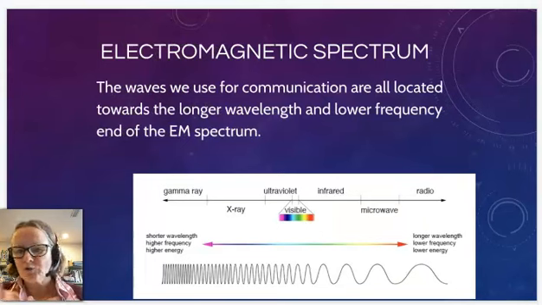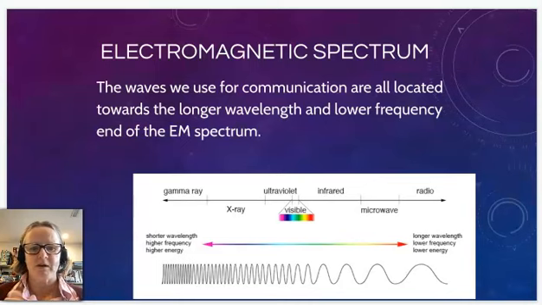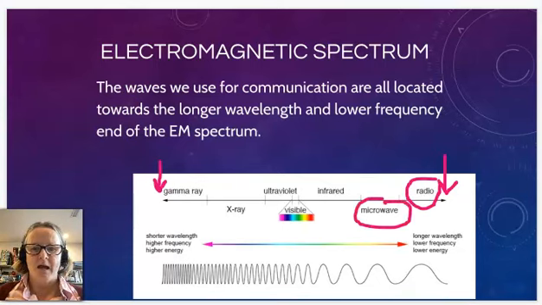So when we look at the whole spectrum, and remember electromagnetic waves can range all the way from one end of the spectrum where it's really high frequency, so gamma rays, all the way down to the other end of the spectrum with low frequency and low energy radio waves. Let's have a look at whereabouts our communication waves are. Well, we've got radio here, microwaves, and visible light.